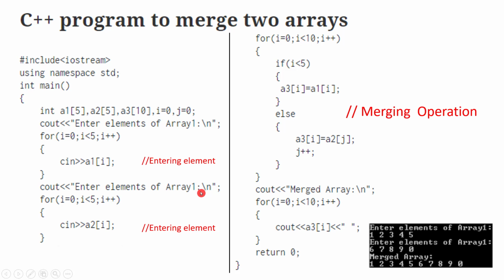One is coming here. So we have the first matrix values to be added using the cin statement. We entered the values, and we have the cout, enter the elements of array 1.